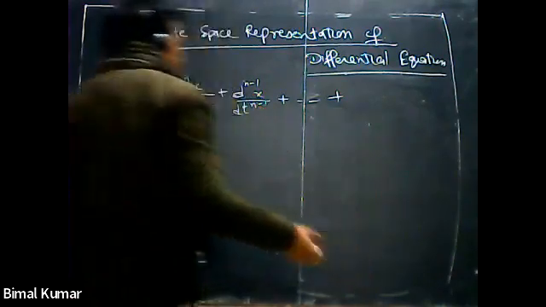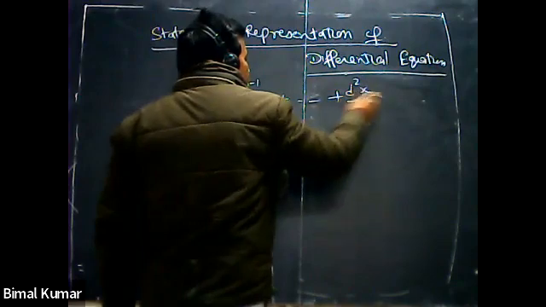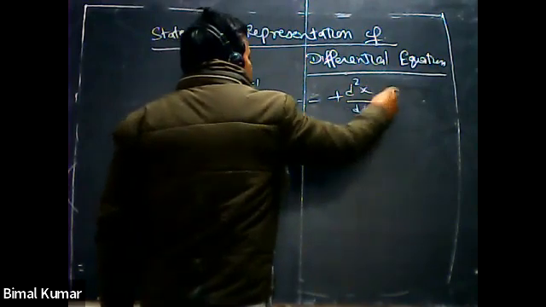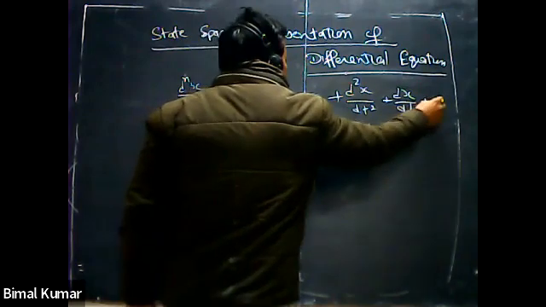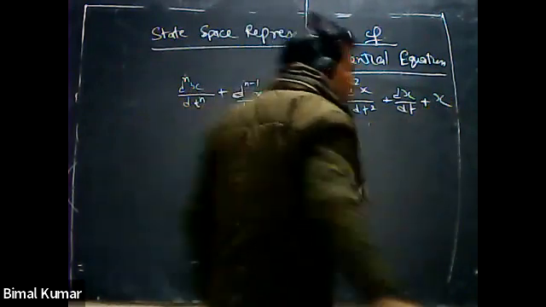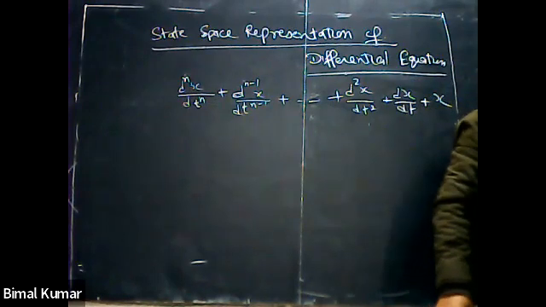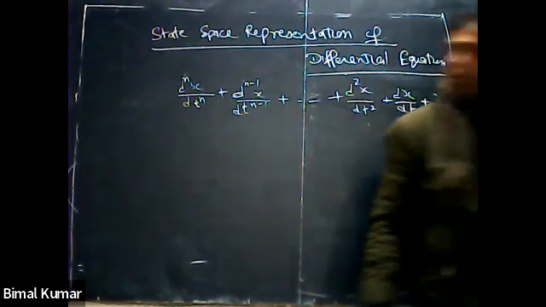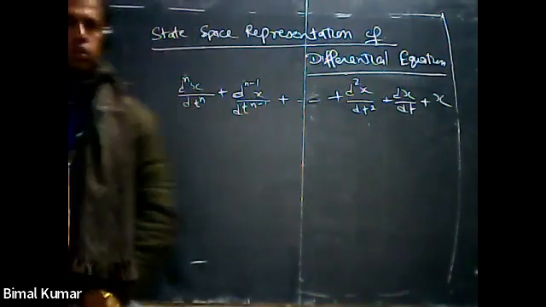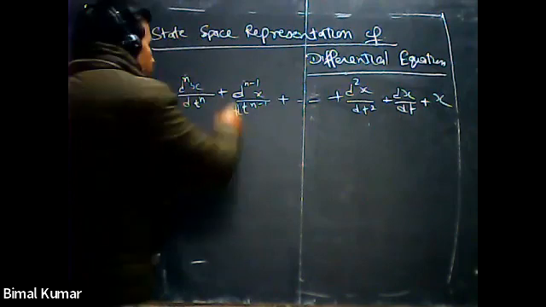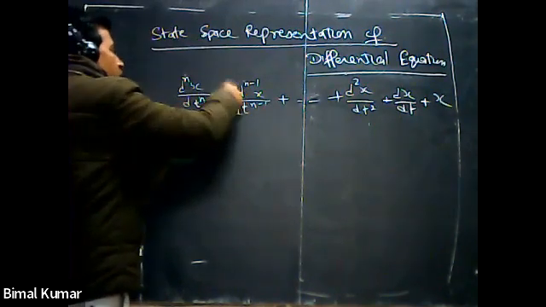The last two or three terms may be d^2 x upon dt^2 plus dx by dt plus x. This is your differential equation, and it may have some constants like a1, a2, a3.